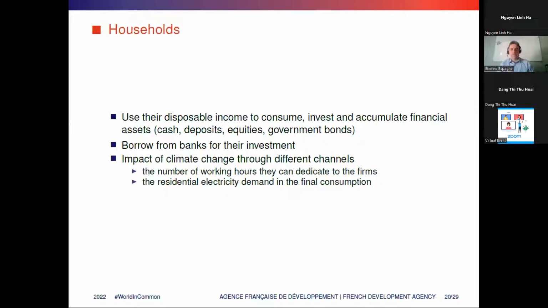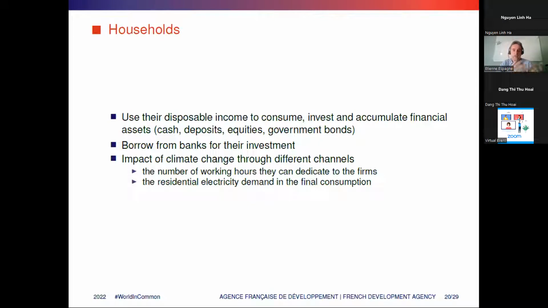So then I have a few slides to just describe the behavior of the key agents within the economy. Starting with households, they use what we call their disposable income to consume, invest, and accumulate financial assets, what we would call saving in a more general framework.